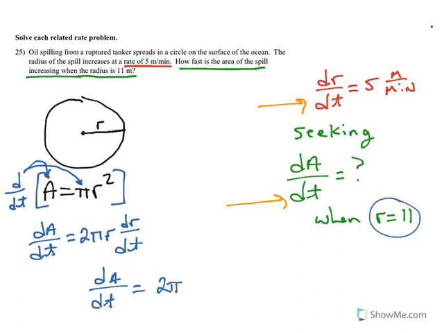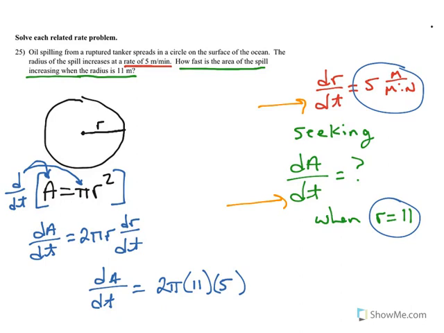The r is going to be 11 at this instant in time. And how fast is the radius growing? The change in r with respect to time is 5. And then we can work that out.